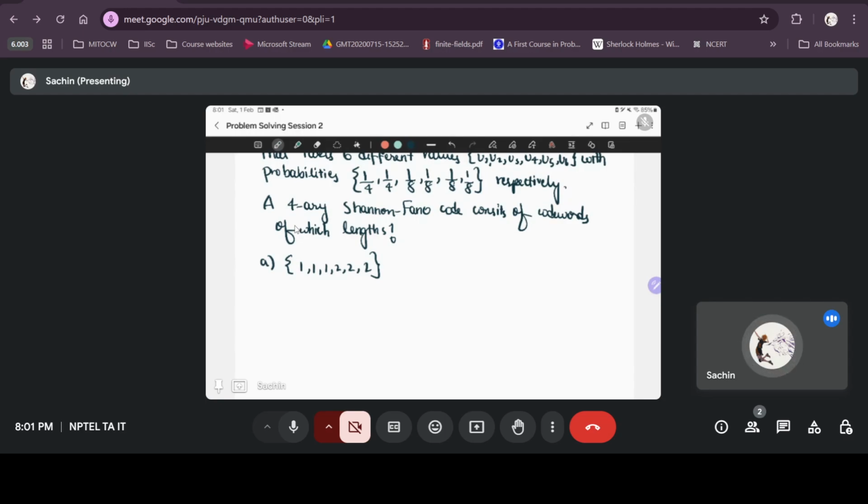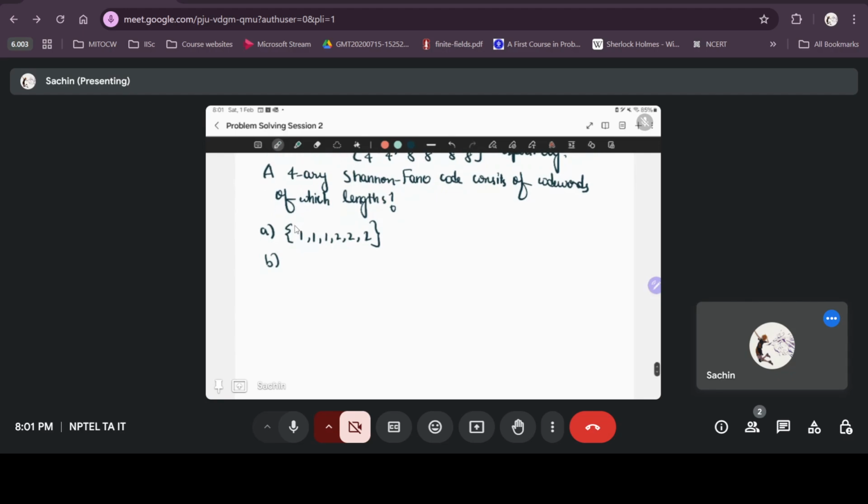So the first two messages, which have probability 1 over 4, must be assigned code words of one particular length, and the last four messages, which have probability 1 over 8, must be assigned code words of a different length. The code words assigned to the lesser probability messages must be larger. So 111222 is not right just by inspection.